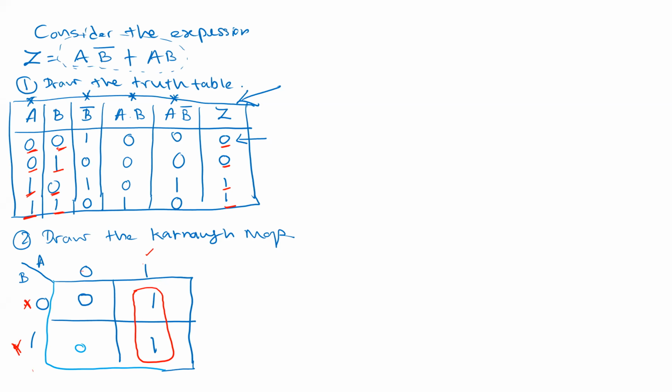We only take the one with a single value, not the side where it is mixed. Right? We are not going to consider B. If we take B, what happens? We will have to say B bar if we consider this side, and in this side we will have to say B. Both are there. Right? So we are not going to consider that.